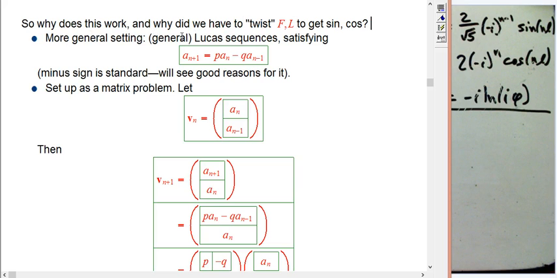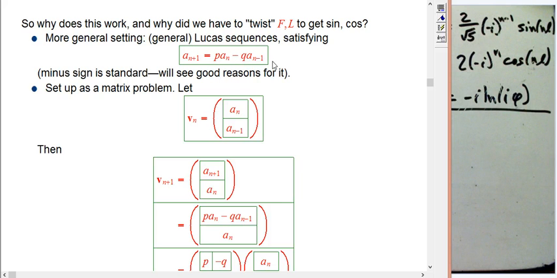So let's go into a more general setting, the idea of a general Lucas sequence. So when we've got L sub n, that's a very particular sequence, but there's an idea of a general Lucas sequence, and that's just any sequence that satisfies a linear two-term recursion, and usually you require p and q here in the recursion to be integers so that you actually get integer sequences.